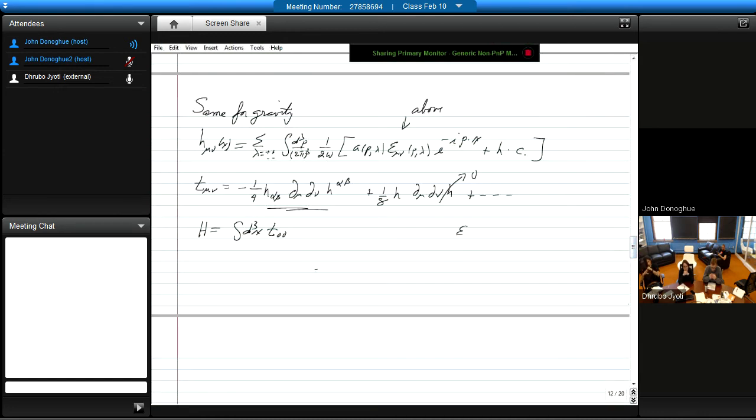You end up using epsilon mu nu equals 0 if the polarizations are the same, and the equivalent one is 0 with the stars if it's not the same.